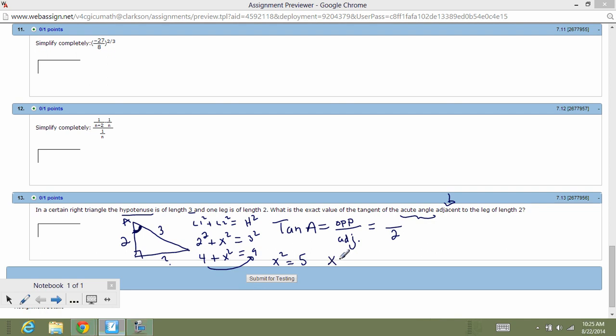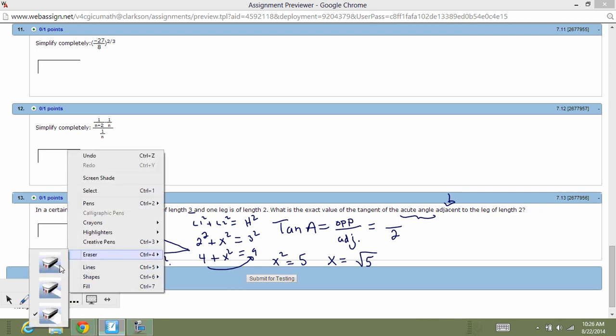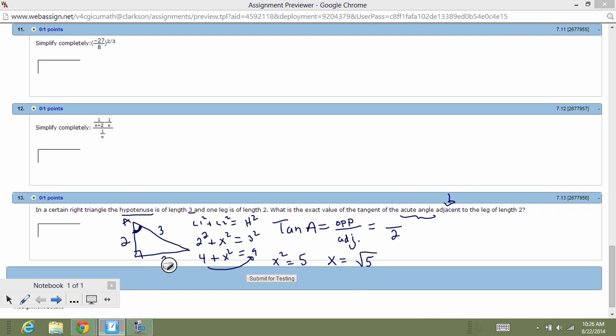And so x, since we're in the geometry realm here, is square root of 5. We reject the concept of it being a negative value. Okay. So this thing that I had labeled as a question mark right here, I can now remove the question mark and replace it by a square root of 5. And so now I know that opposite leg is square root of 5. And so the exact value of the tangent of angle A is square root of 5 divided by 2.